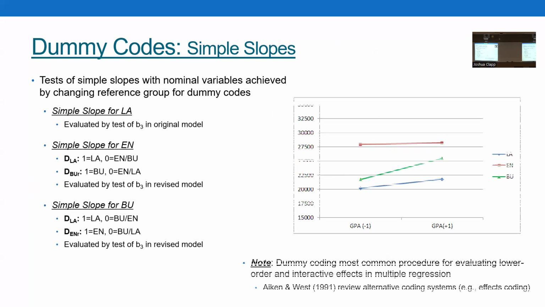Simple slopes here. In my base model that we already talked about, the coefficient for B3 in the original model is just the simple slope for liberal arts, because they're my reference group. For the simple slope for engineering, I just recreate and reorder my dummy variables. So I have a dummy for liberal arts and a dummy for business. It's going to be a different dummy for business, because now 1 is going to be business, 0 is going to be engineering and liberal arts.